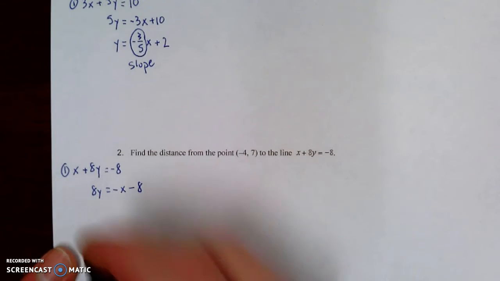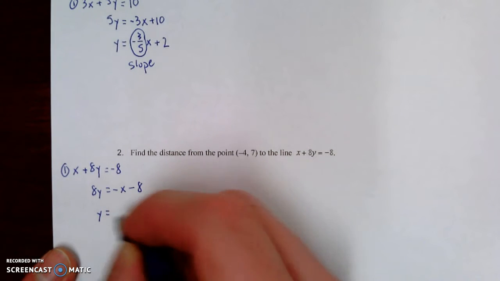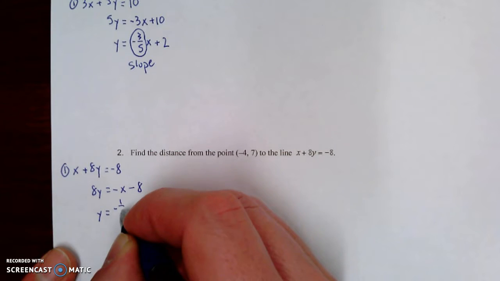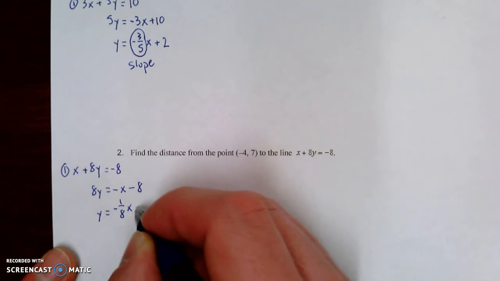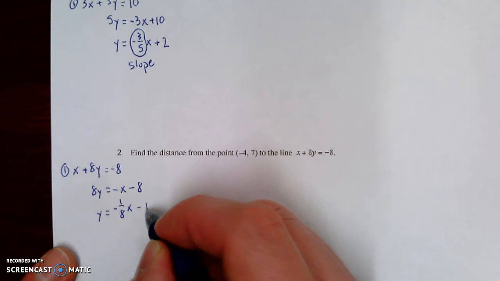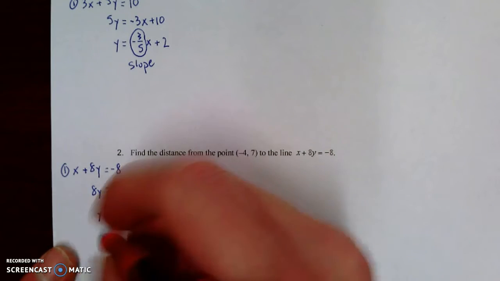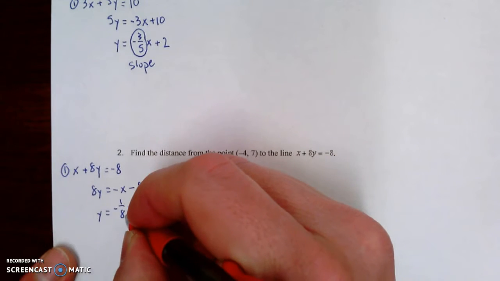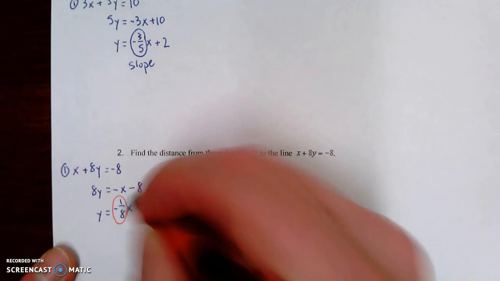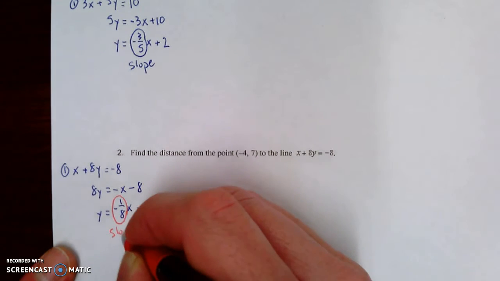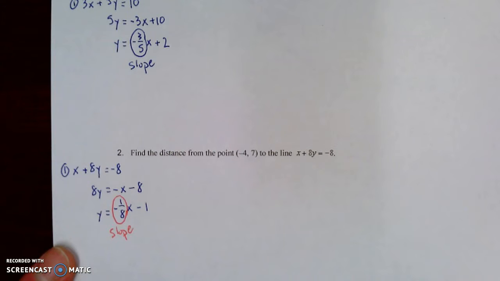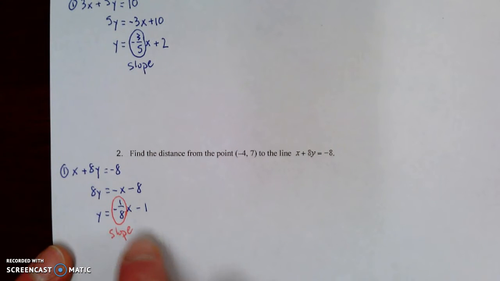I'm going to divide by 8 on both sides. y equals negative 1/8 x minus 1. And that gives me a slope of negative 1/8 for the second one. So when we go to write our perpendicular line, its slope will be positive 8.